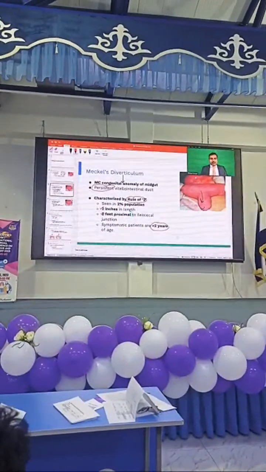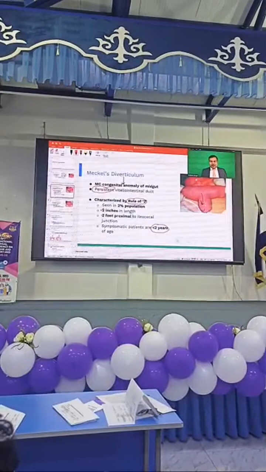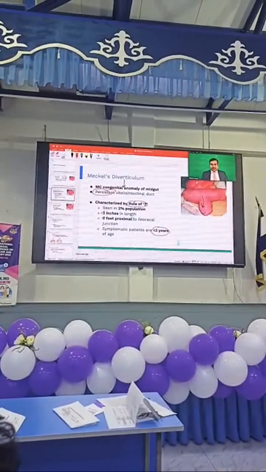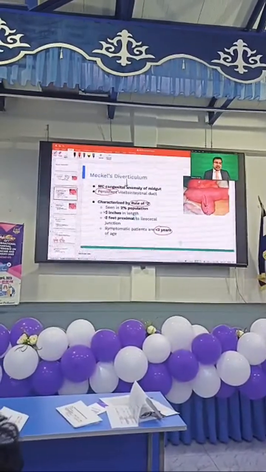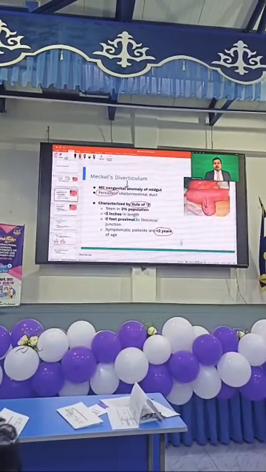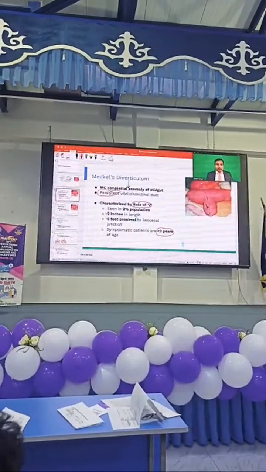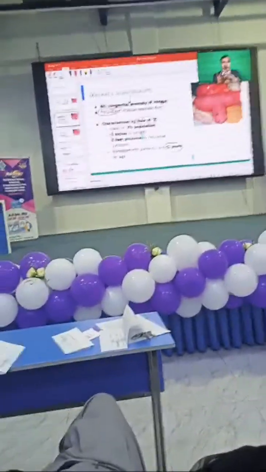Now what is the application of this knowledge? It is located 2 feet proximal to the IC junction. Sometimes a patient comes to you with signs and symptoms of acute appendicitis. Whenever you are performing the appendectomy, you notice that the appendix looks normal.